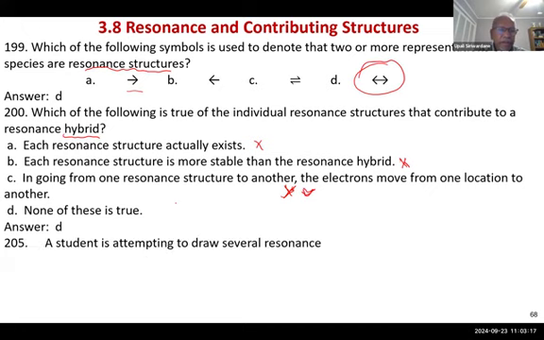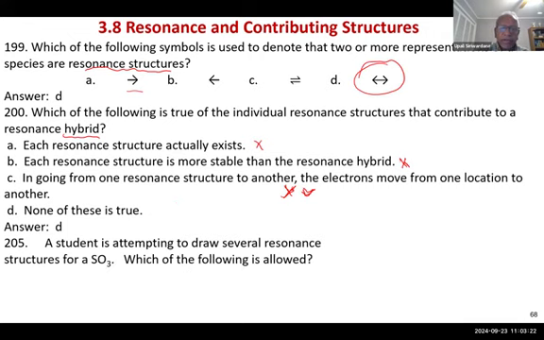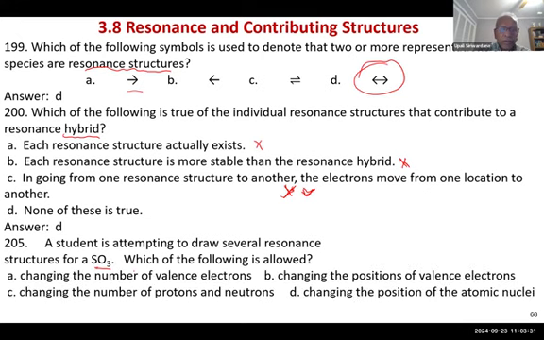A student is attempting to draw several resonance structures for SO3. Which of the following are allowed? Change in the number of valence electrons? No. You cannot change the number of valence electrons. Change in the position of the valence electrons?